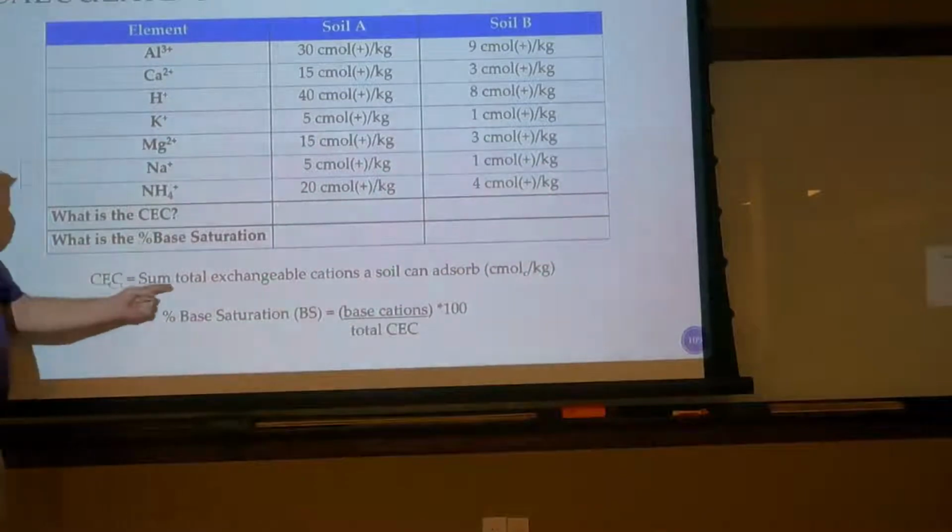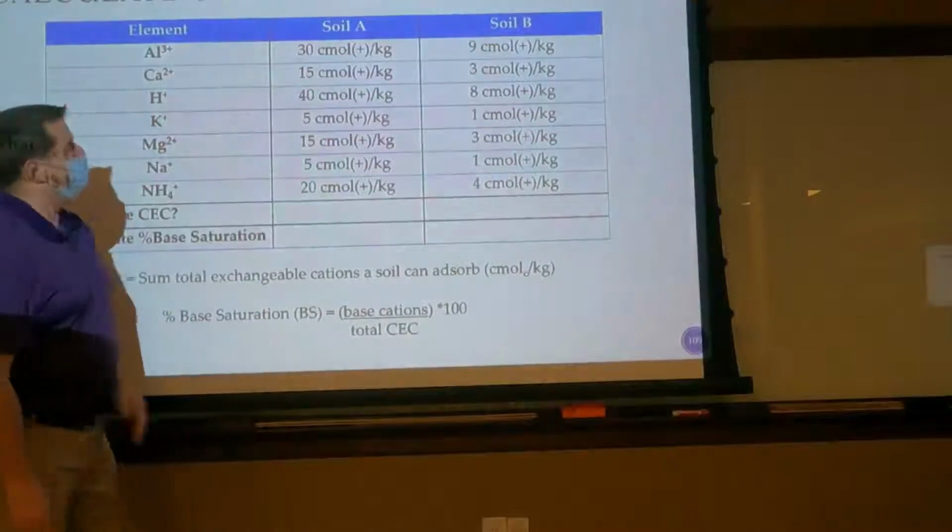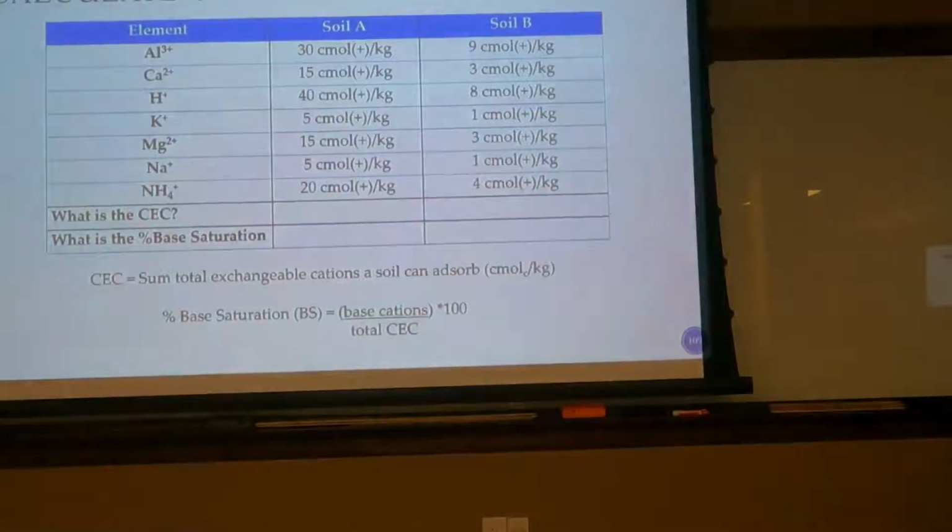So the sum total of exchangeable cations that a soil can absorb, which is the sum of all this. So we have 130.